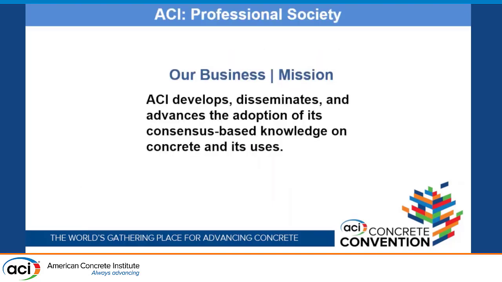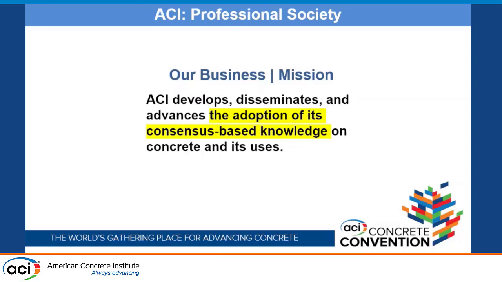So, in 2017, the ACI Board, developing a strategic plan, recognized that there was something missing from our mission. We have all these technical committees writing great documents, and for the most part, those documents would be available for anybody who might have the interest in seeking out what ACI is doing to get those things referenced in construction documents, building codes, rules and regulations.